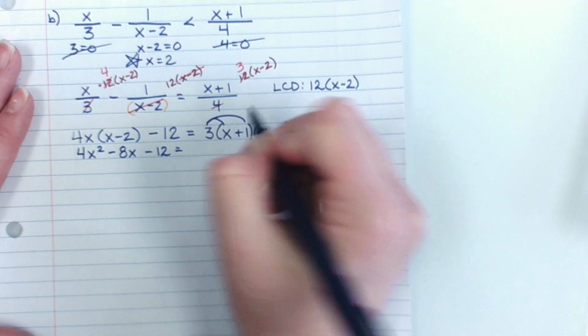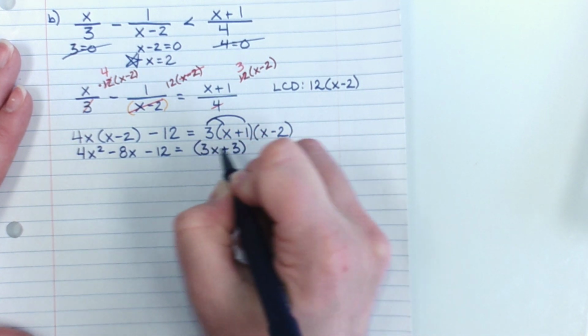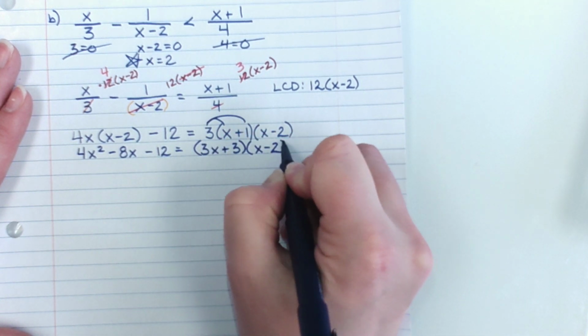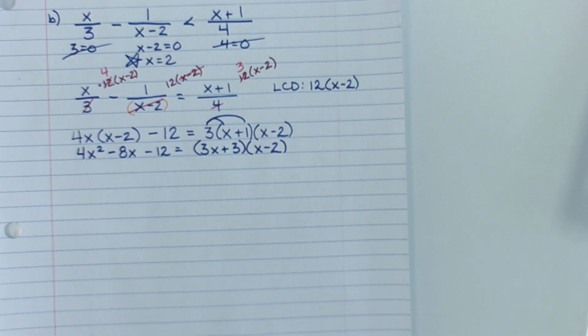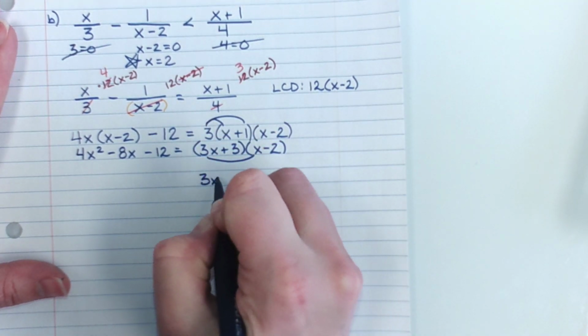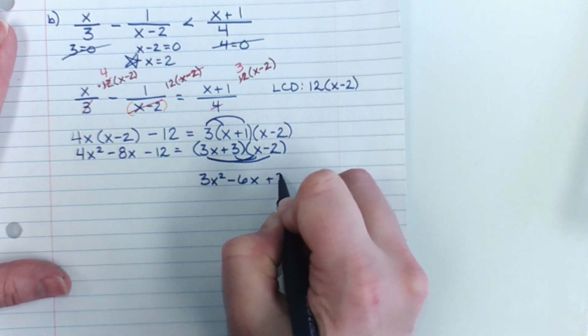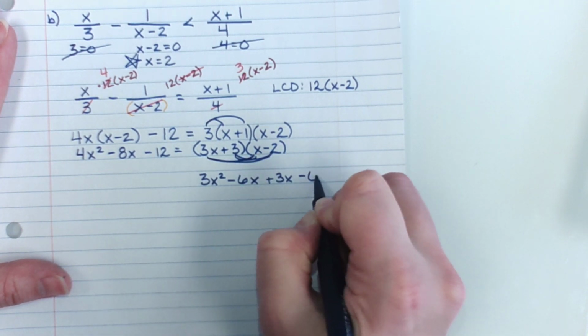Okay, I get 3x plus 3. Now, when you are having to distribute multiple times, you put those parentheses right back on there because you have to distribute again. 3x squared minus 6x plus 3x minus 6.